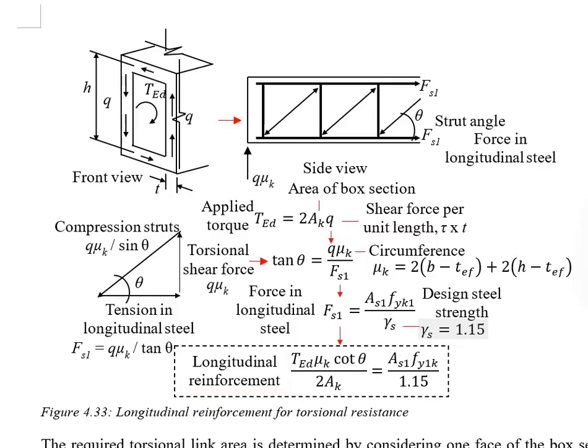Now, the final area of reinforcement to be provided will be the summation of the two, with the assumption that the area for bending is fully taken due to the flexural bending, and the additional area will be for the torsional resistance. They are not overlapping each other.